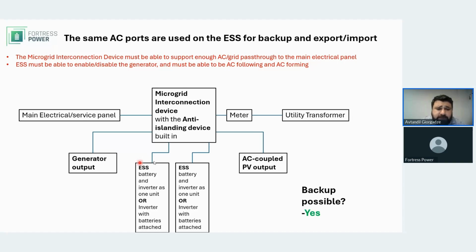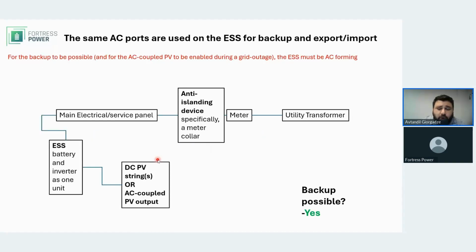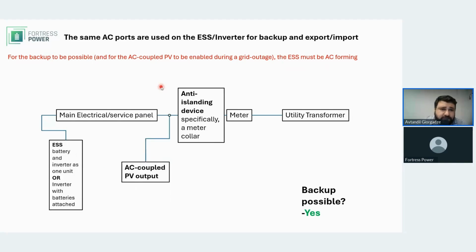So what happens here is that I should have mentioned this probably before too. In all these cases that we have discussed so far, there's one group of AC ports, L1, L2, neutral, perhaps grid, or perhaps ground, and that is the one interconnecting to the rest of the system. So based on the grid availability, those ports serve as the backup ports.